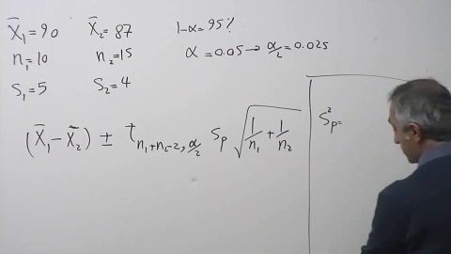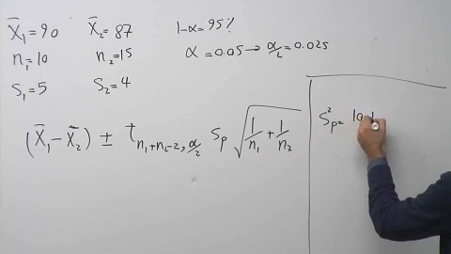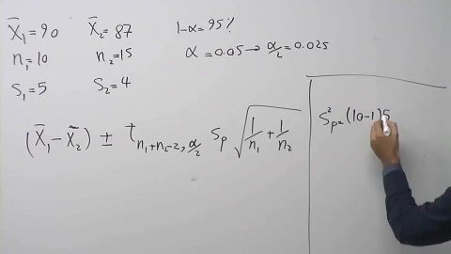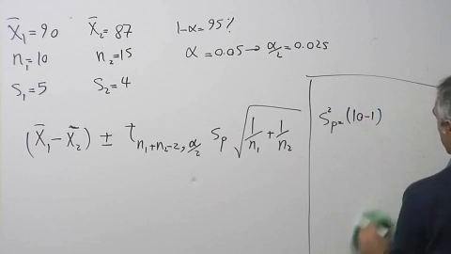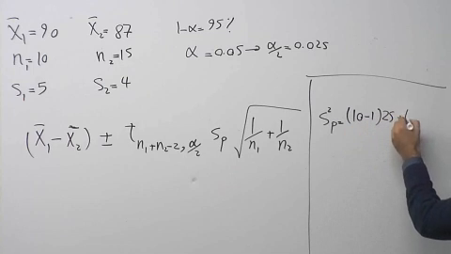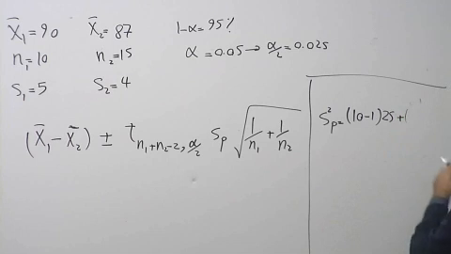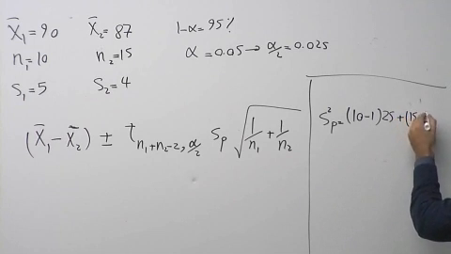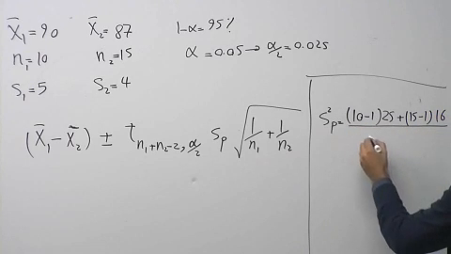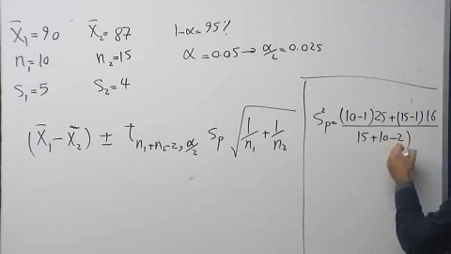I just write down the numbers. So the first one is 10 minus 1 times 5 squared, which is 25, plus, I'm sorry, 15 minus 1 times 16, divided by 15 plus 10 minus 2.